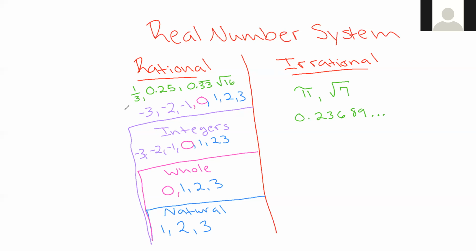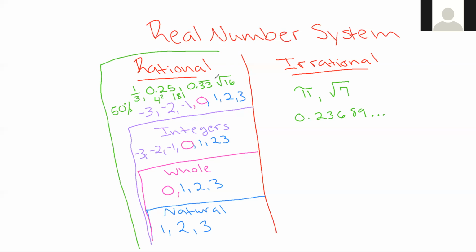You can have your percents, so let's do like 50%. You can have your perfect squares, 4 squared. And I think that is about it. Oh, also absolute values, like the absolute value of 8. Okay, so all of these are in the rational column.